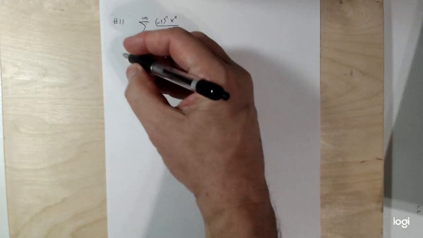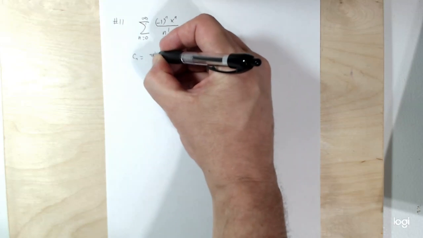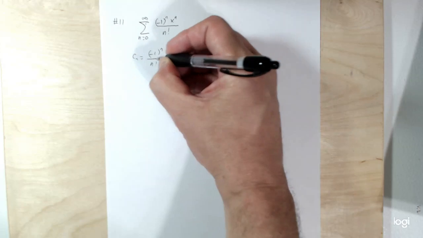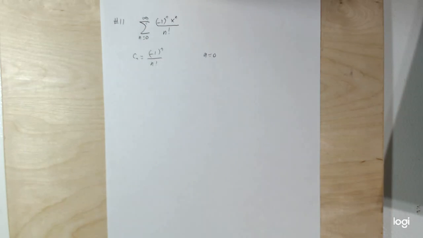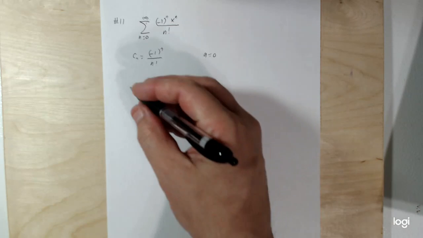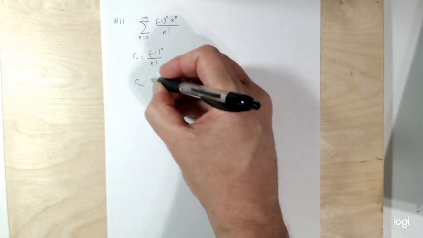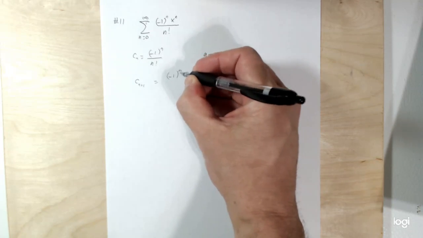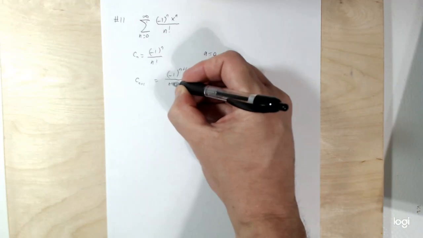So again, we need to find c sub n, which is negative 1 to the n over n factorial. And again, in this one, a is 0. Okay, well, c sub n plus 1, that's going to be negative 1 to the n plus 1 over n plus 1 factorial.